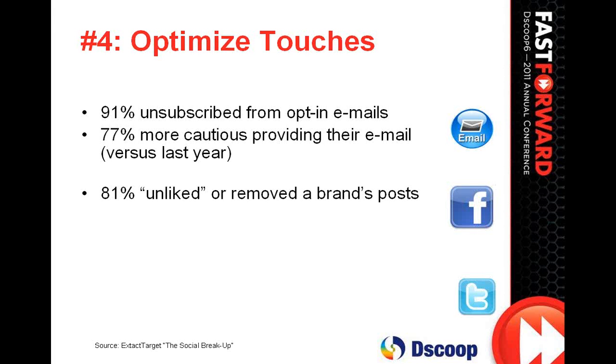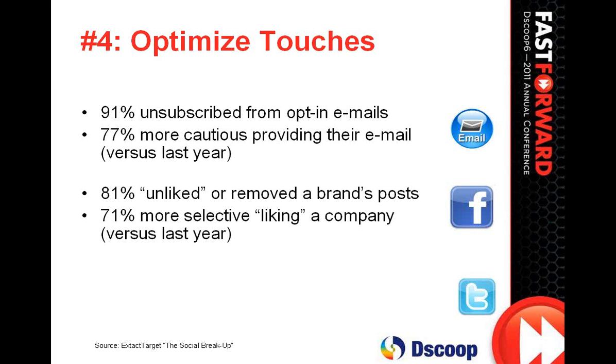With Facebook, 81% said that they had unliked or removed a brand's post from their message stream, and 71% said that they are more selective in liking a company versus last year. Similarly, in Twitter, 41% have unfollowed a company recently. So here's the point.